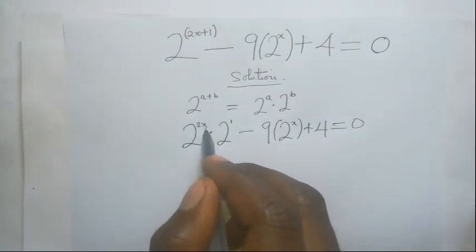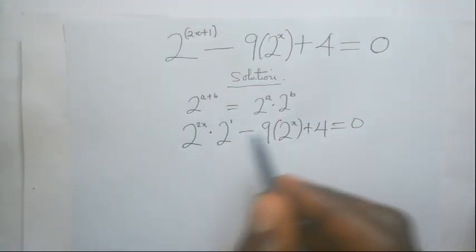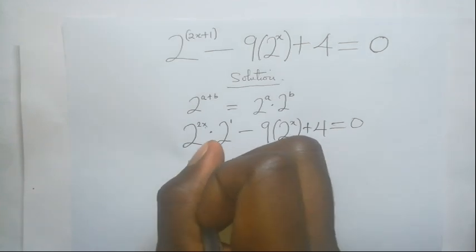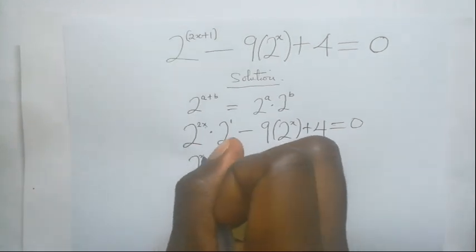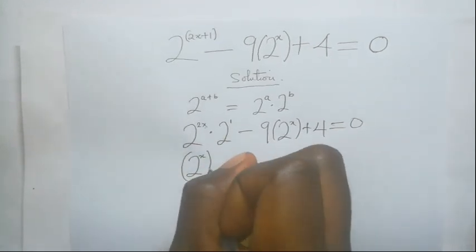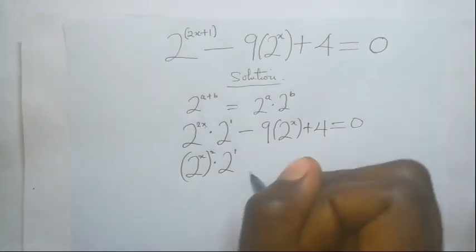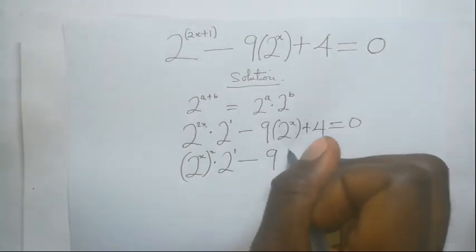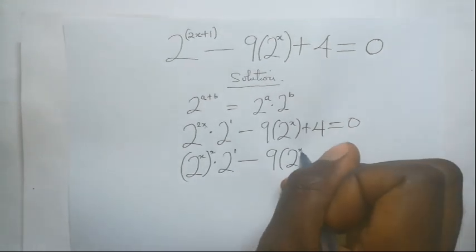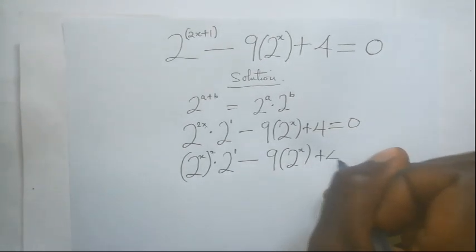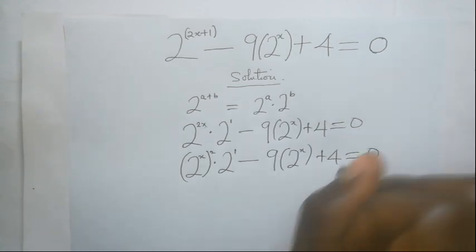So this 2 to the power of x, we have 2 to the power of x, but here there is 2. I can do it in this way. This can be 2 to the power of x bracket 2 dot 2 to the power of 1 minus 9 bracket 2 to the power of x plus 4 is equals to 0.